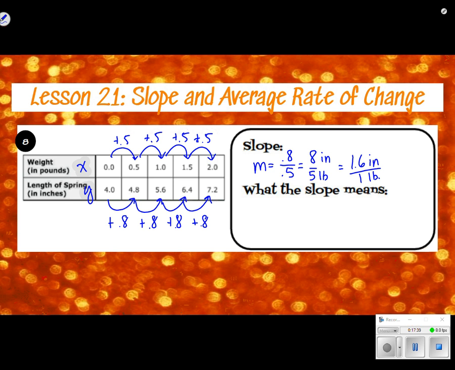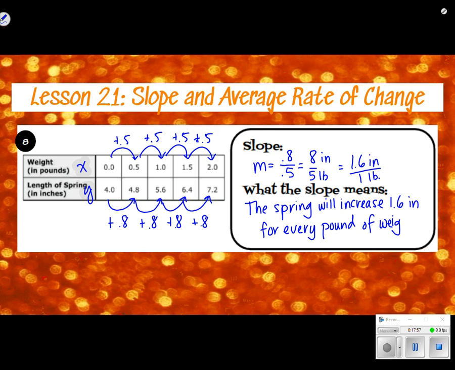So this means the spring will increase 1.6 inches for every pound of weight added. You should be able to write just one sentence, from a situation, describing what's going on for that rate of change.